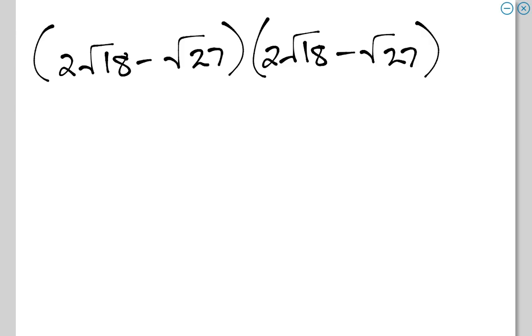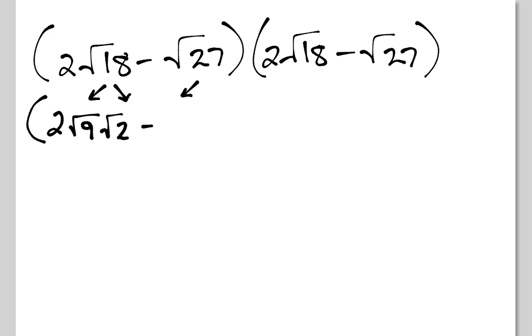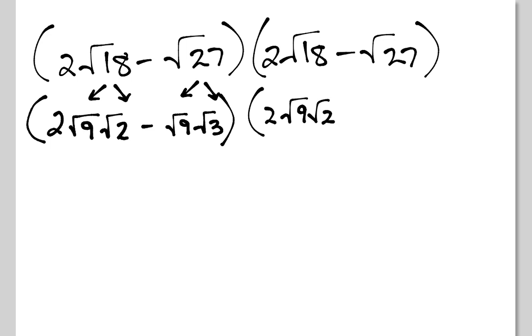Okay. So this is a 2, and the 18 becomes root 9 root 2. 27 becomes root 9 root 3. Close the bracket, that's the first one. And then it just repeats itself. It's the exact same, right? Root 9, root 2, and root 9, root 3. Then I'm going to simplify.